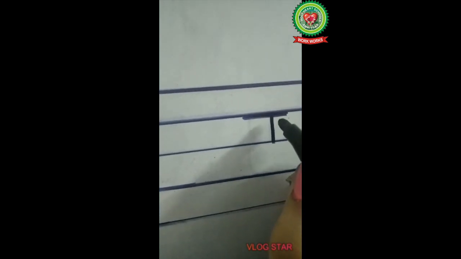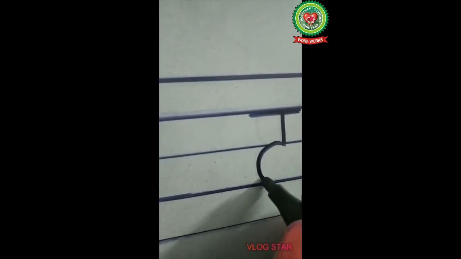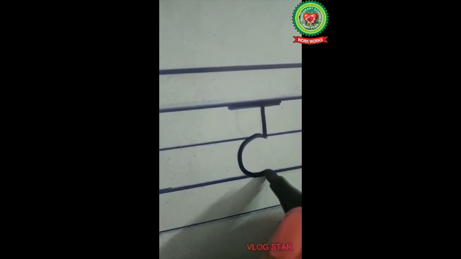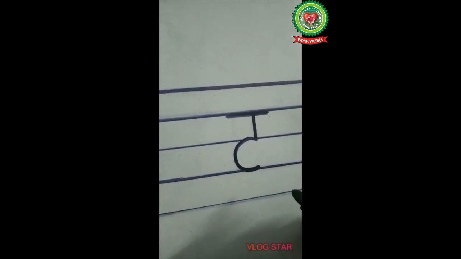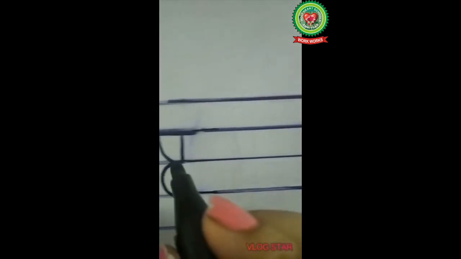Make sure the line you drew must touch the third line. This is the first line, this is the second, and this one is the third line. And then draw a curve like this till here. Now I'll draw a bit slanting line like this.